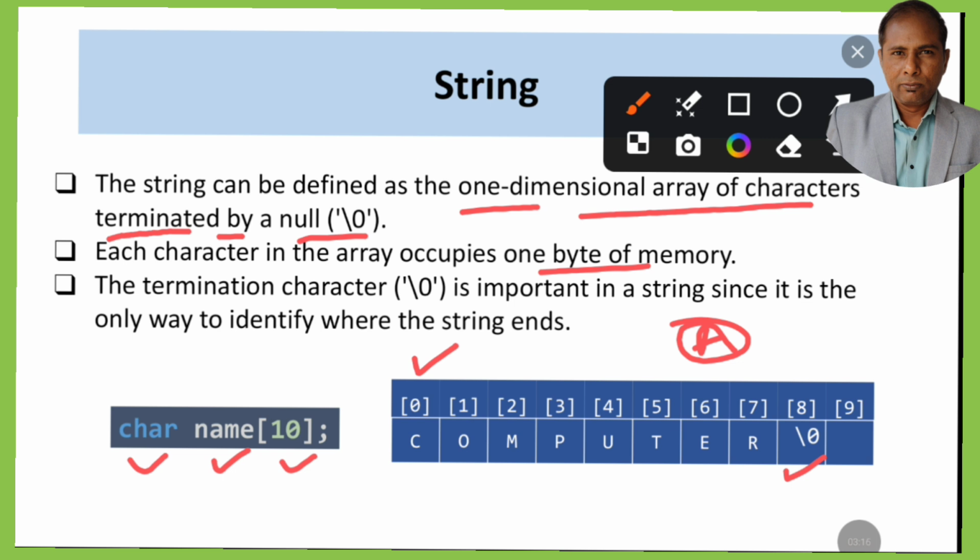So this is how we define the string. A string is a one dimensional array of characters where the termination character null is there at the end.